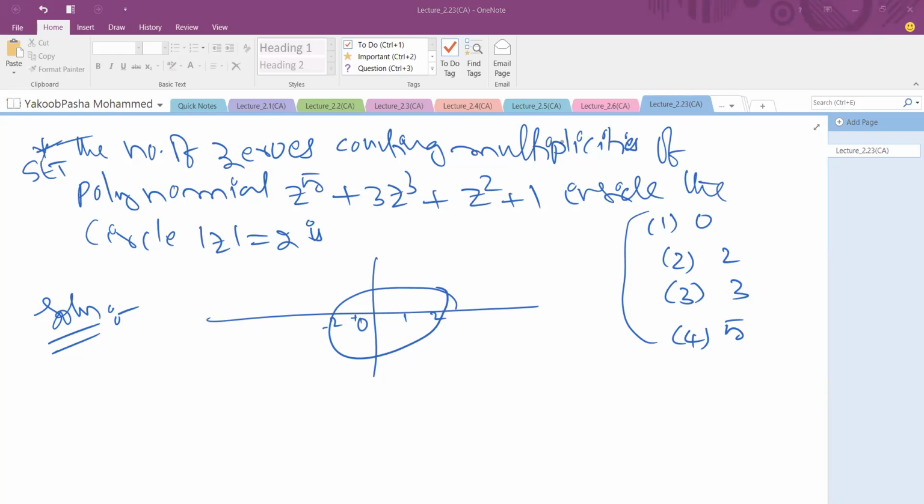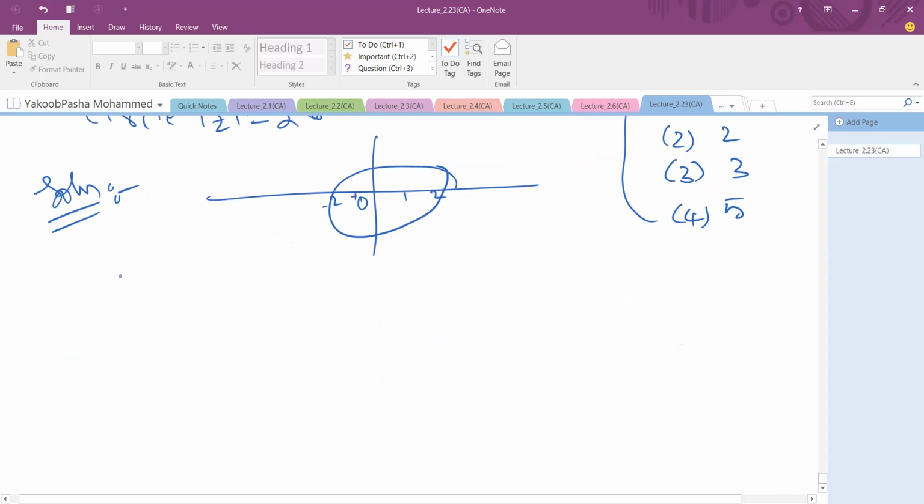We have to split the function into f of z and g of z. First I am taking the given function p of z, that is z power 5 plus 3z cube plus z square plus 1.